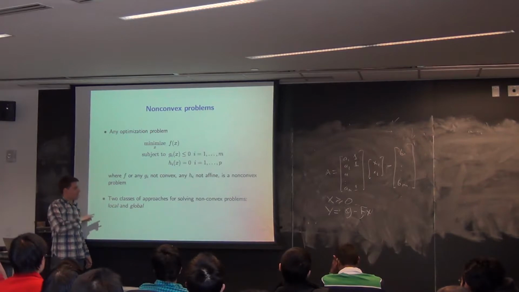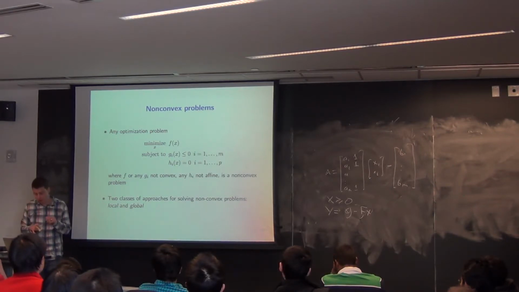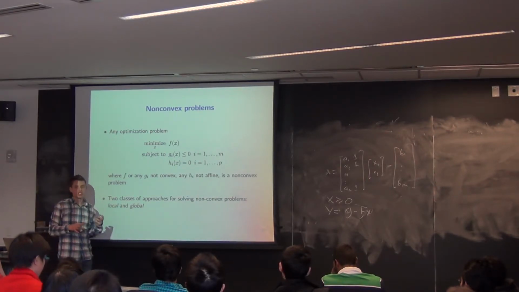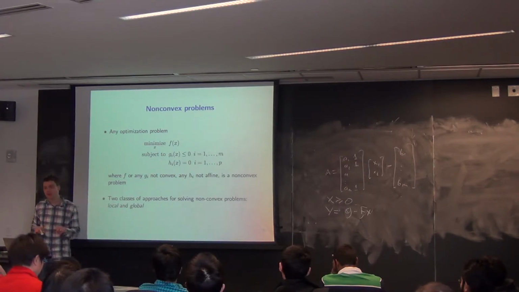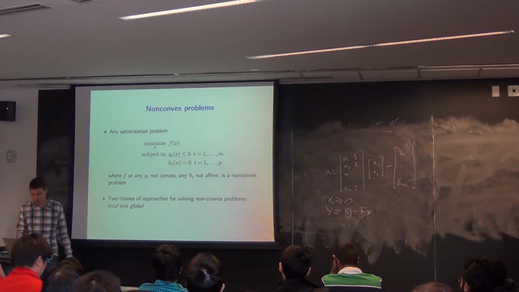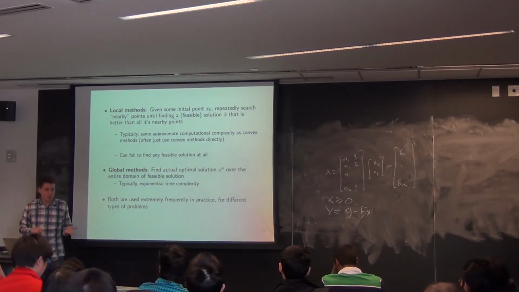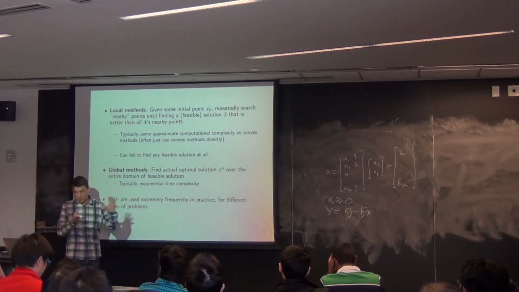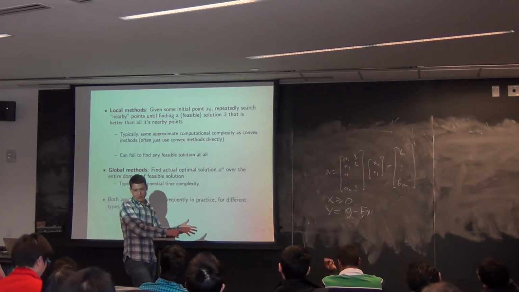Now, as I said at the very beginning, and as you might expect, there are two overall approaches to how you solve problems like this. They go by the names local and global methods. These solve the problem either locally, which you can do sometimes.